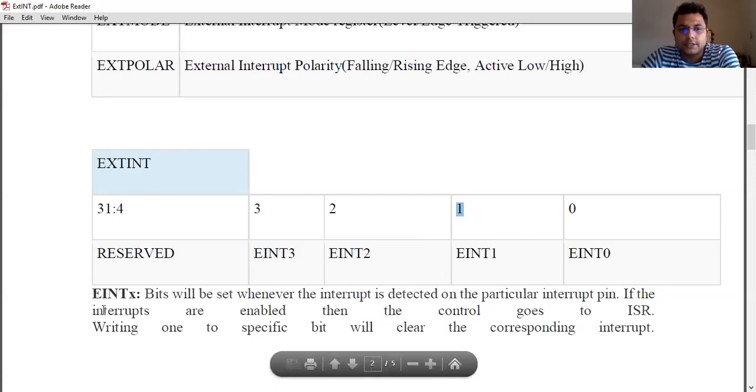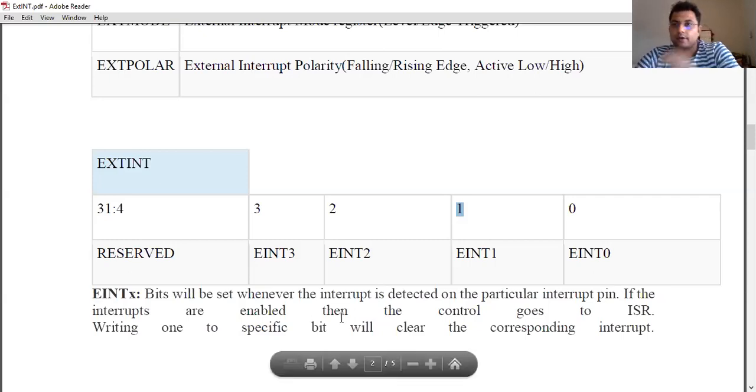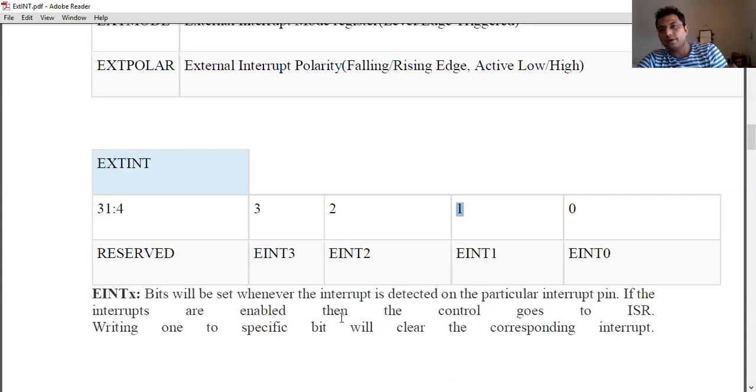So these 4 bits we are using for 4 pins. As and when the system acknowledges or registers any interrupt over these pins, that is called registering the interrupt. Now, how to clear the interrupt?